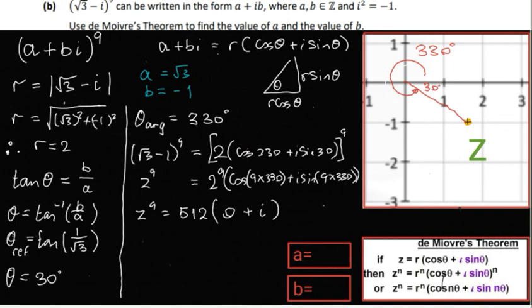So our result, 512 by 0 is going to be 0. That's for our real. And 512 by our i is 512i. That's our imaginary, which is our b. So 0 for a and 512 for b.